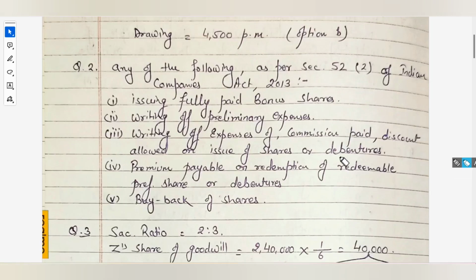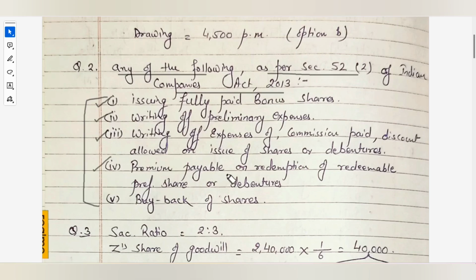As you can see, any of the following will be the answer, as per Section 52(2) of the Indian Companies Act 2013. These are the five uses of securities premium reserve. The first one is issuing fully paid bonus shares. The second is to write off preliminary expenses. The third is to write off expenses of commission paid or discount allowed on issue of shares or debentures.